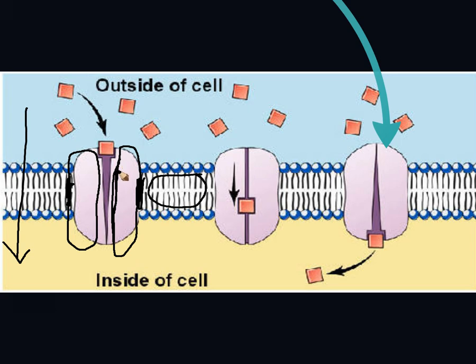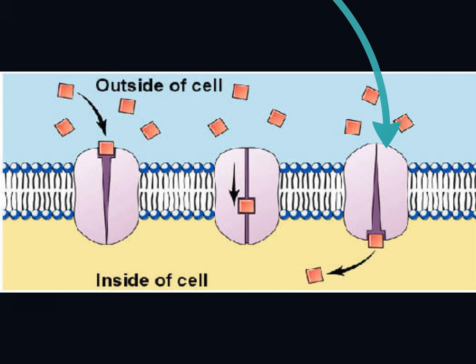They may be charged or polar, and essentially provide a hydrophilic, charged or polar environment through which these molecules can move down their concentration gradient. So it's basically a tunnel. They're usually called protein channels, sometimes referred to as pores, and they allow things to diffuse across the membrane. However, it's worth noting they can be specific.